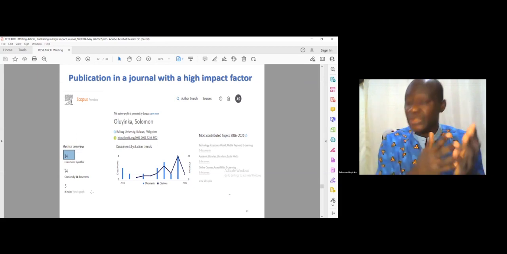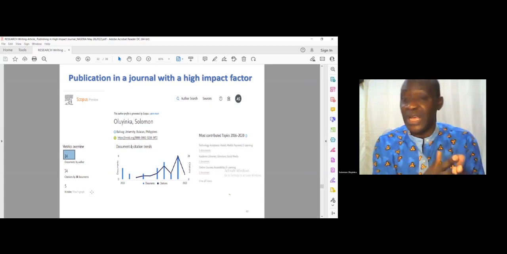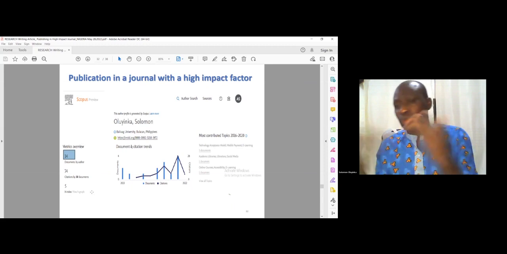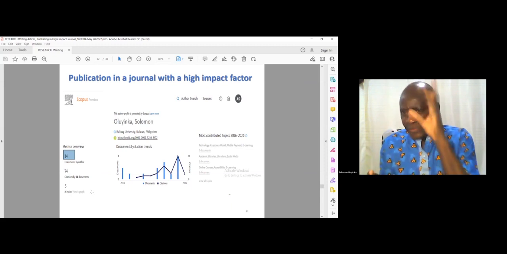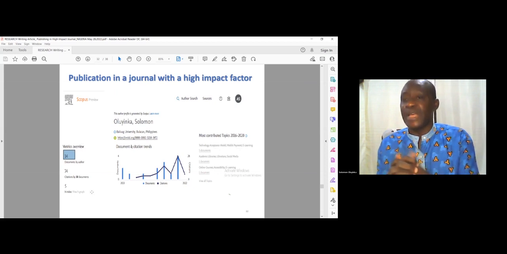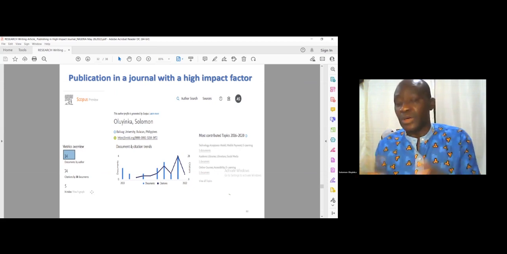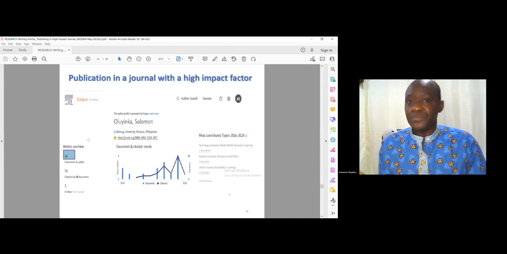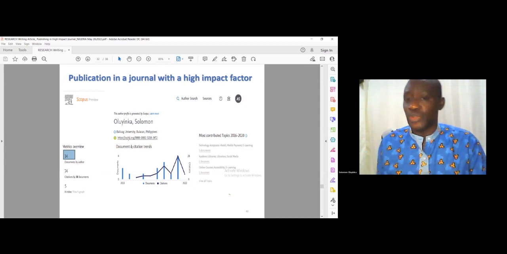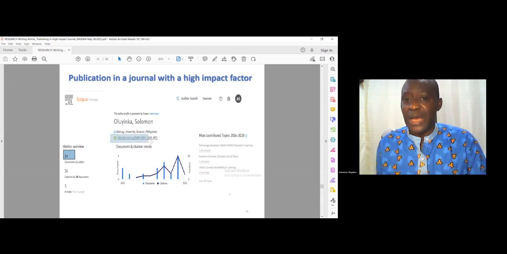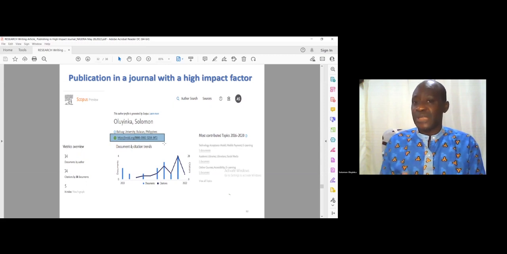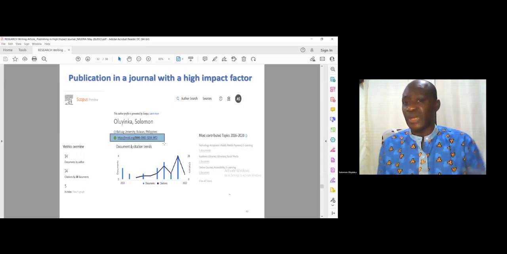I joined Scopus and registered, and sometimes I communicate with them. Maybe I saw a journal that I'm afraid of, and they will tell me, "Hey, bro, don't publish there. It's not good. It's in red color." So it is advisable that you join. And some journals now are asking for ORCID. This is the ORCID account, and it's linked to Scopus as well.